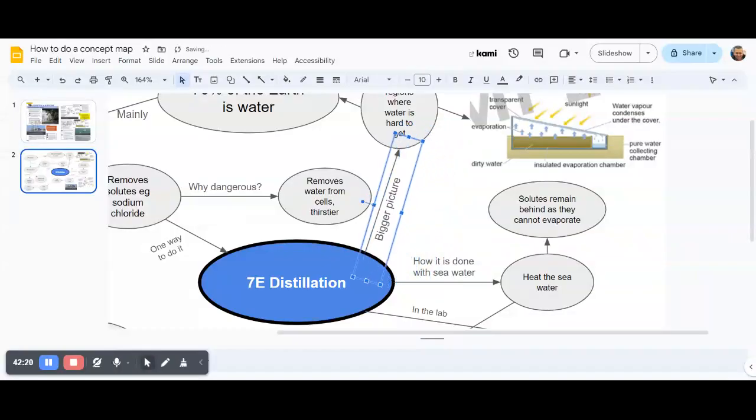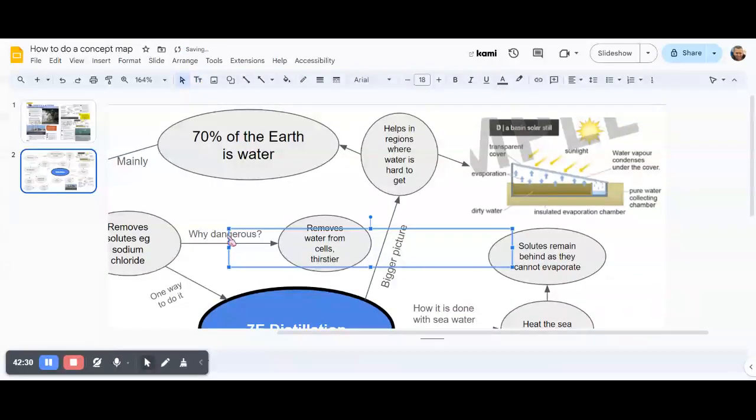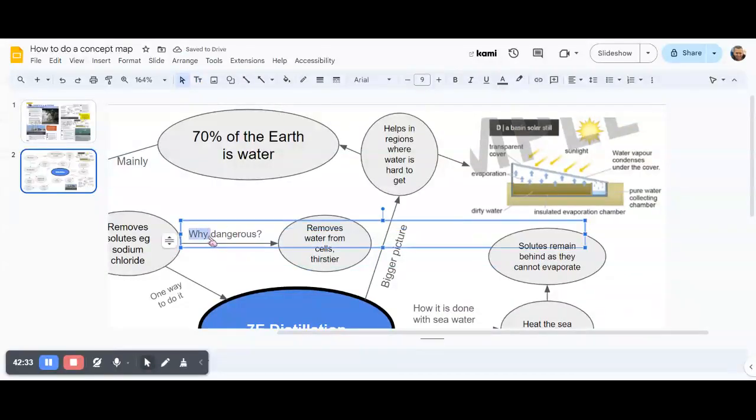Then I can ping it around to here, and put a little bit of extra text in here.